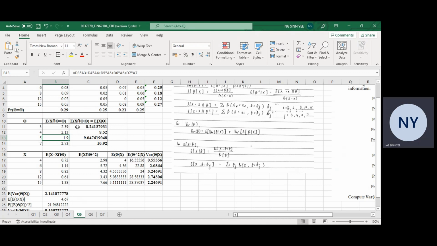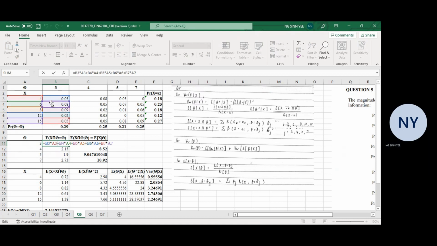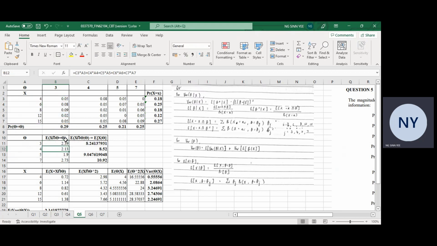It's actually quite simple: for the joint expected value of x and theta equals theta, we multiply x with the respective joint probability and sum all of these combinations together, and we get the joint expected value of x and theta equals theta accordingly.